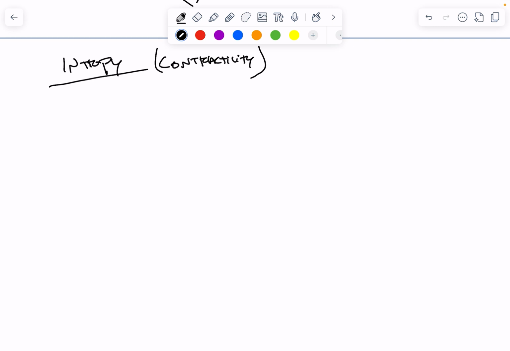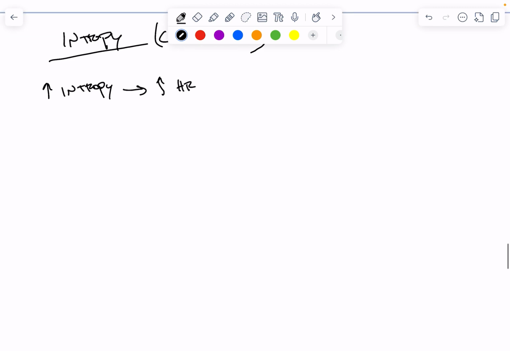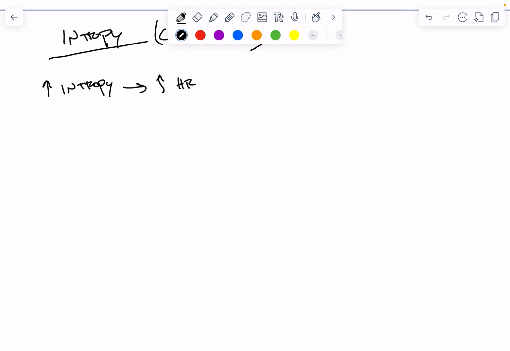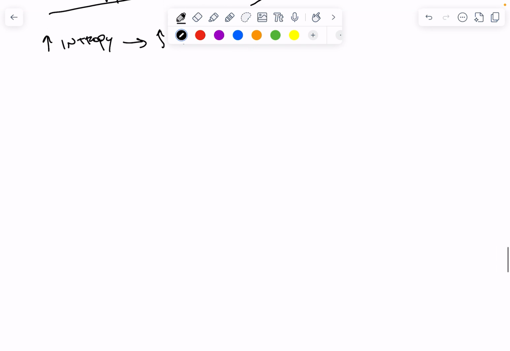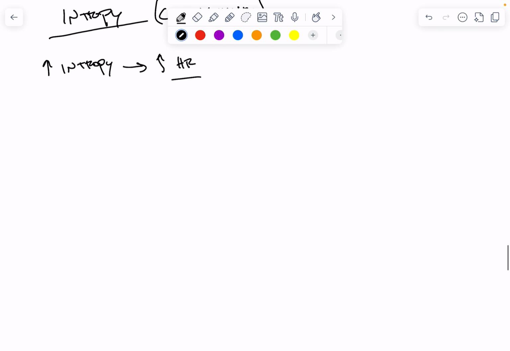If we have an increase in entropy, that's going to cause an increase in heart rate. When you're exercising, obviously you need contractility to increase so that you can increase your heart rate, which would deliver more oxygen throughout your body.